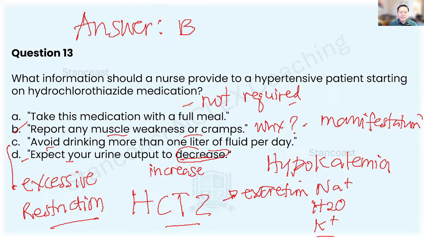If you're going to administer any kind of diuretic, you got to be conscious in measuring the output. Make sure that you do it strictly. Measure it accurately. Don't just do estimates, let's say x1, x2, x3. That would not be safe for this patient. So make sure you are going to measure accurately the volume that has been excreted by the patient.